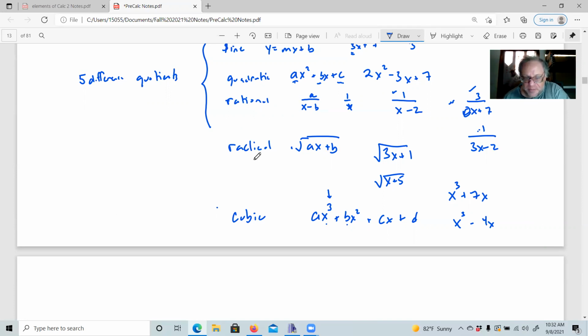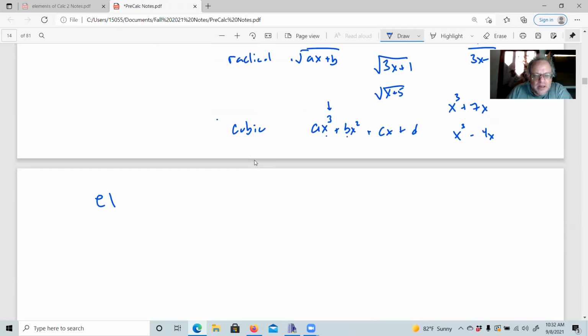Let's look at a couple of examples. And the way I'm going to ask you this question, where do I use this formula? Not yet. Calculus? Yes, you're done. Pre-calc? Not yet.